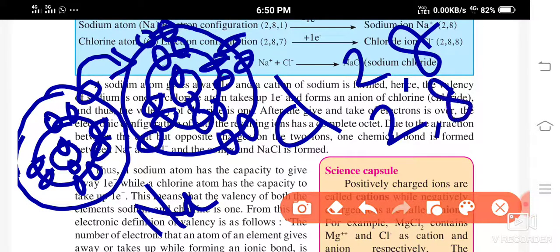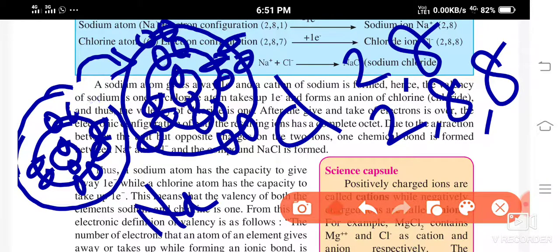So chlorine will become 2, 8 and 8, right? So there will not be any electrons here now. Instead of that, there will be 2 electrons. 1 electron will be added with chlorine.